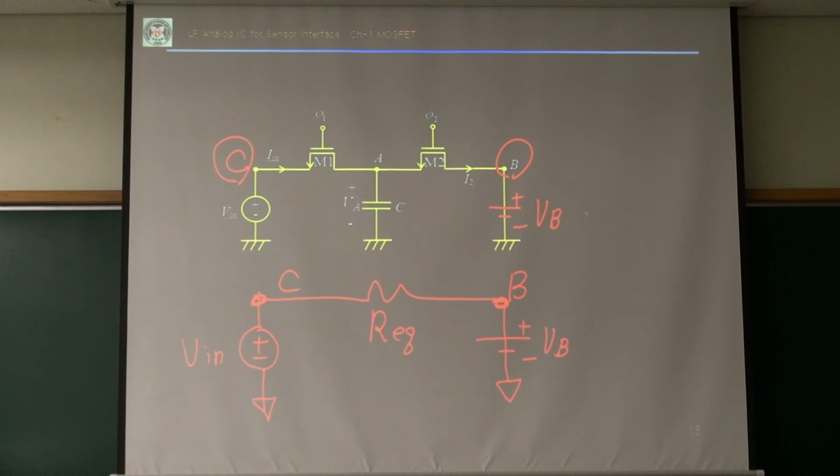This DC bias has no signal, right? It's the same as a ground. So I can approximate this switched capacitor into a resistor of T over C. Okay. Question? Nope. Okay.